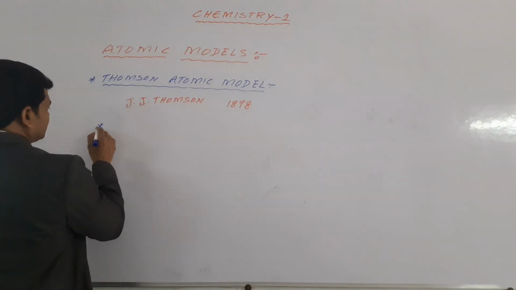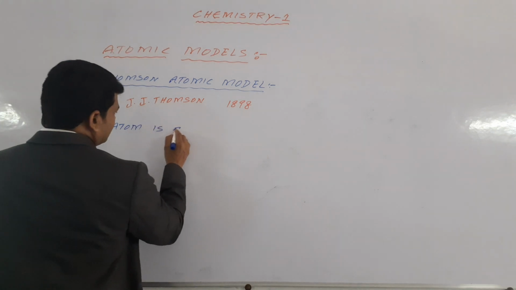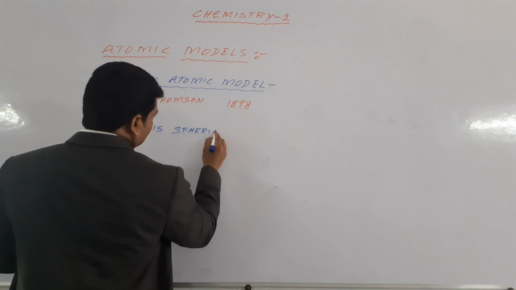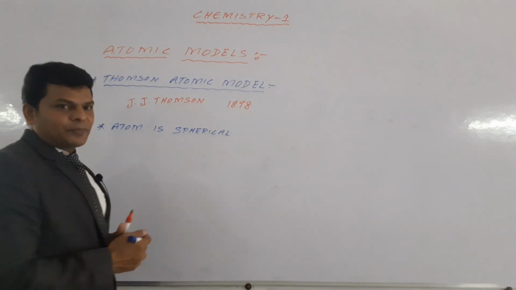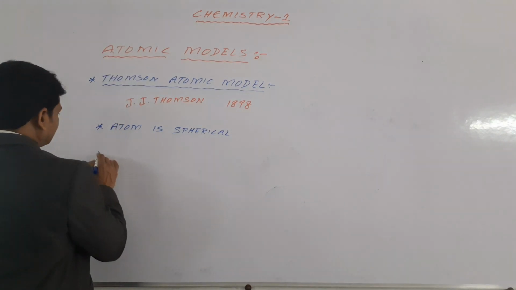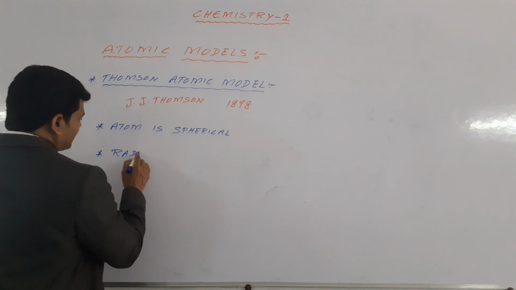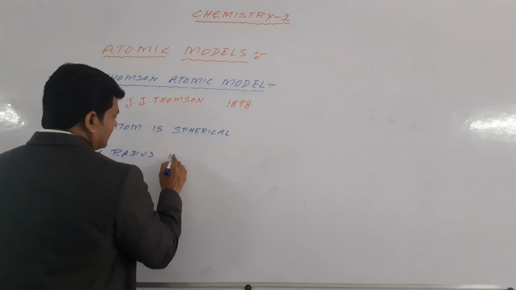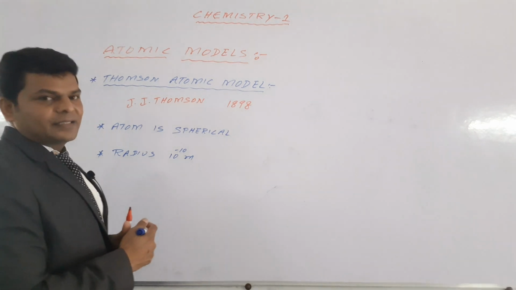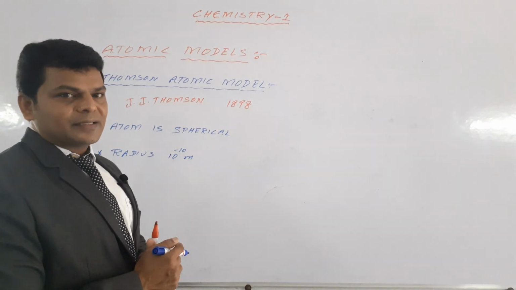Atom is a sphere having radius 10 power minus 10 meters.